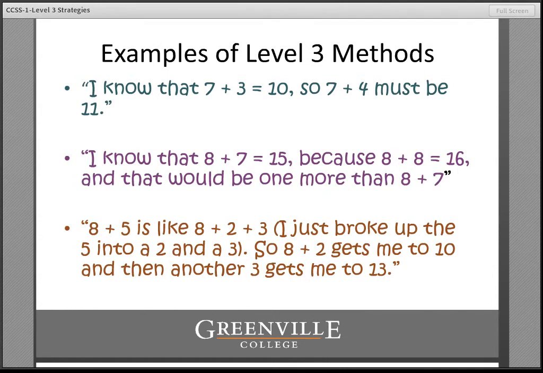It typically takes much longer for a child to communicate how they solved it than it actually takes for them to solve it. Although we are primarily discussing problem solving right now in this PD module, you will see that level 3 methods are clearly related to the development of arithmetic strategies and fact fluency.